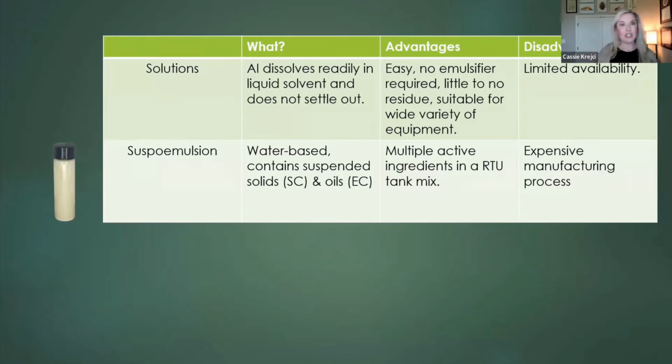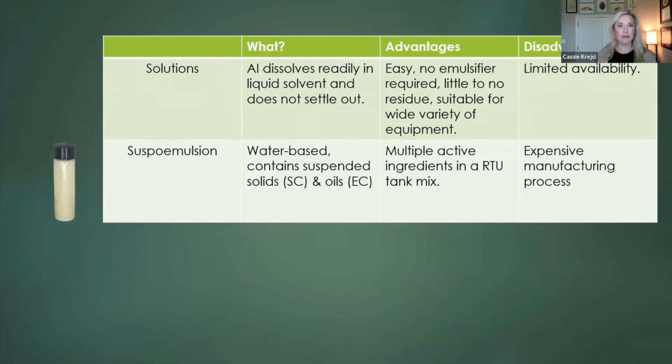The other side of that is soluble emulsions. Soluble emulsions are formulations that are used to combine two active ingredients with polar opposite physical properties in one formulation. So they're basically a combination of suspension concentrates, which we'll talk about in a minute, and concentrated aqueous emulsions, or EWs. The benefit is that you're combining multiple active ingredients for a broader spectrum of pest control.